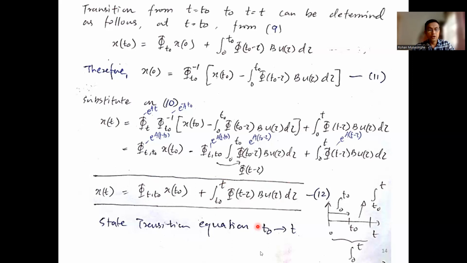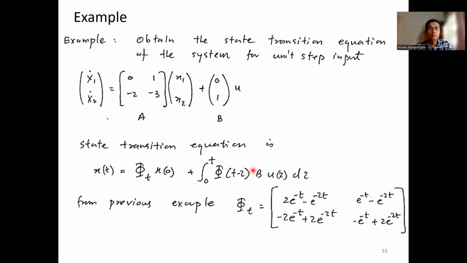Then if you look at this example here, this is our state space model. You see the rate of change of state variables on the left. And on the right hand side, you have the state variables, or the state vector, and in front of that, the system matrix.